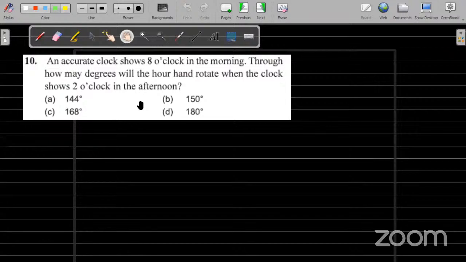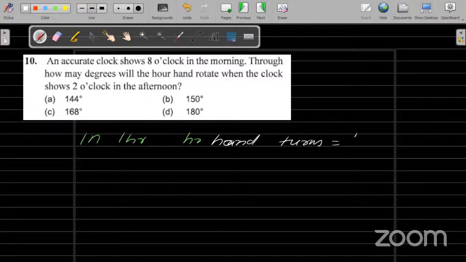An accurate clock shows 8 o'clock in the morning. Through how many degrees will the hour hand rotate when the clock shows 2 o'clock in the afternoon? We might be knowing the fact that the hour hand, the hour needle, turns half a degree during one minute.